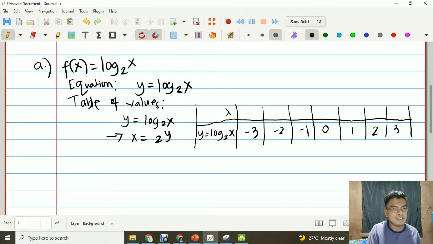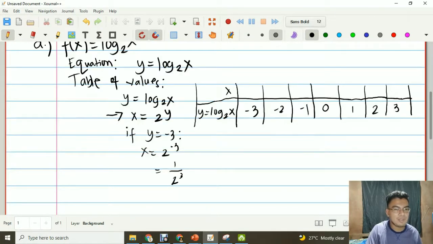So, una, if y is equal to negative 3, then this will be x is equal to 2 raised to negative 3, that is 1 all over 2 raised to 3. So we have 2 raised to 3 is 8. So our x value if y is equal to negative 3 is 1 all over 8.